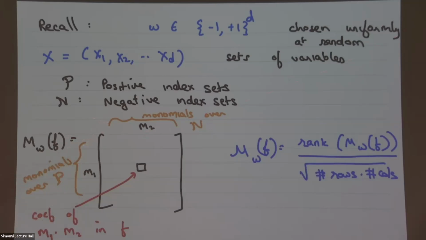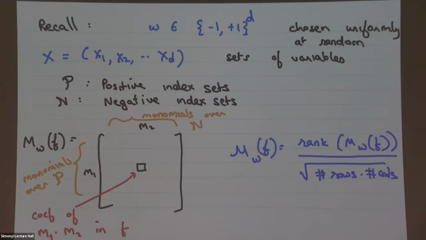I don't know if in the original works it was called the partial derivative matrix, but since then we call it that. So the rows are polynomials in the positive variables, right? You are looking at the dimension of all partial derivatives with respect to the negative ones.